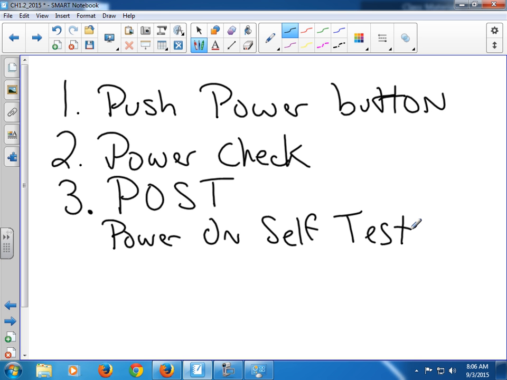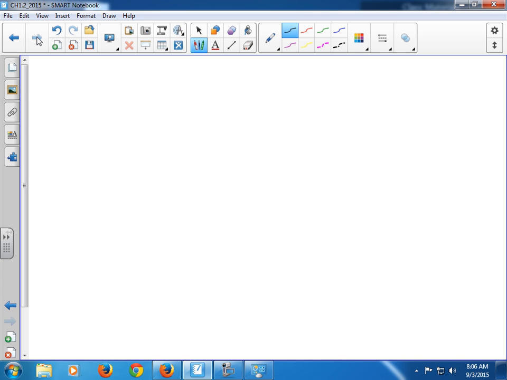During the power on self-test, it goes around and does a very, very cursory check of if everything that I need to start is there and if it works. There's things that it needs to start. It needs good power, which is the first thing it looks for.